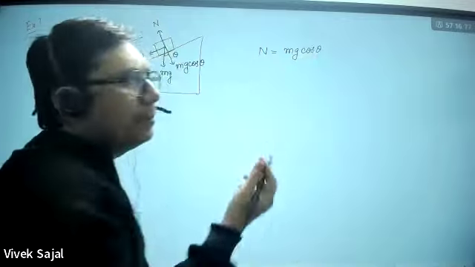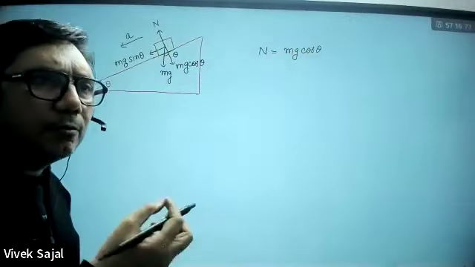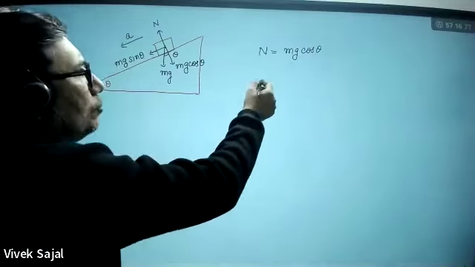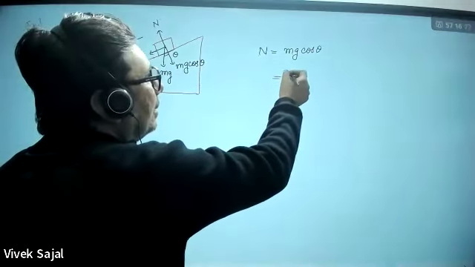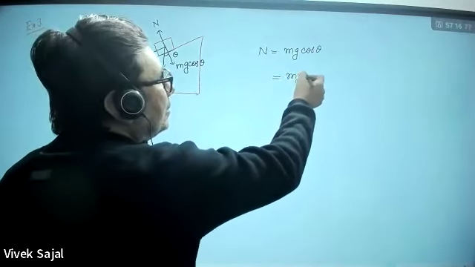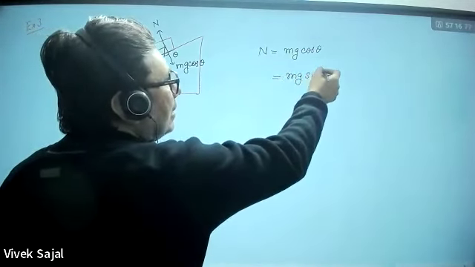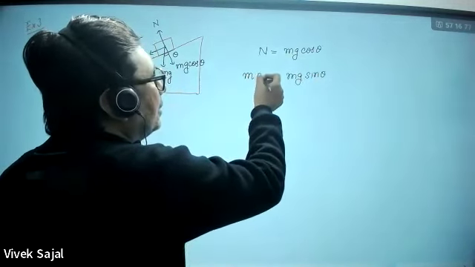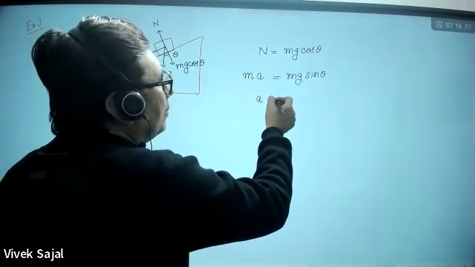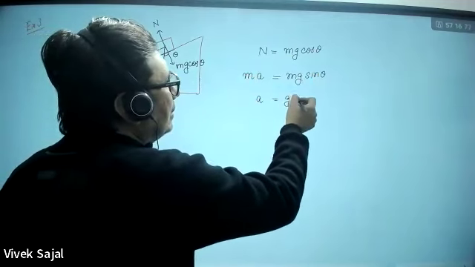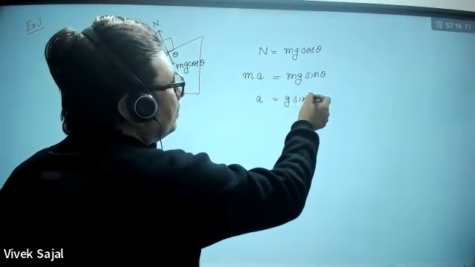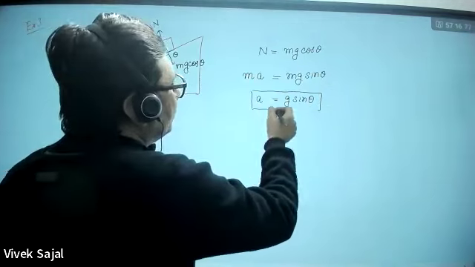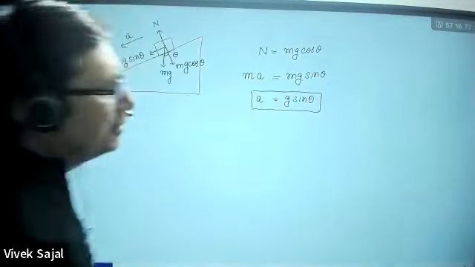Then only one unbalanced force is there which may cause acceleration in the downward direction, that is mg sin theta. It is causing acceleration in the mass m, so mg sin theta equals m into a. So a equals g sin theta. This will be the acceleration in this case.